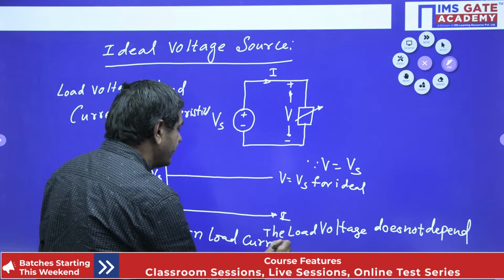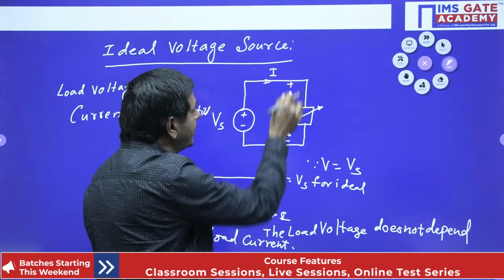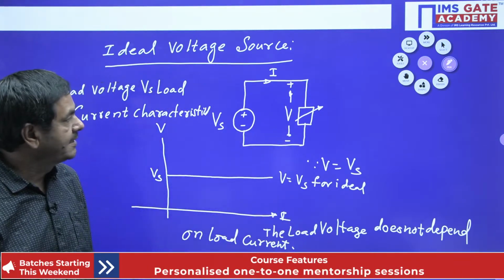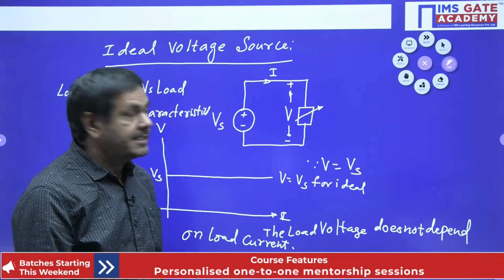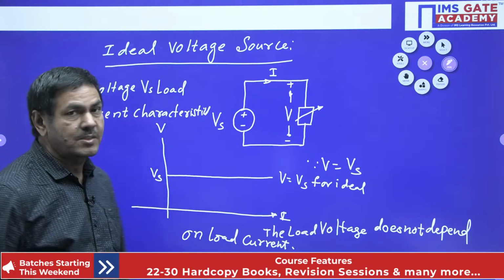That point is very, very important. Whatever the change of this current, that voltage is going to remain the same. That's why V and Vs are the same, but impedance will be changing and current will be changing in this circuit. This is the ideal voltage source.